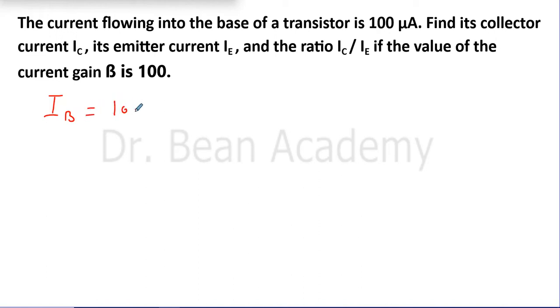equals 100 microampere, which is equal to 100 multiplied by 10 to the power of negative 6 ampere.